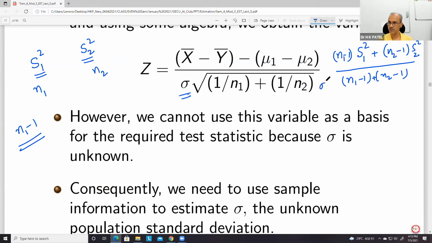This is taken as the approximation for sigma square.